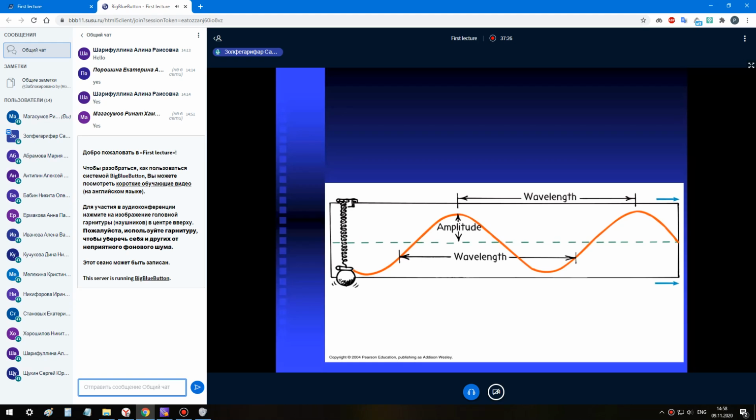We have some measures in vibration as shown in this slide: wavelength, amplitude, and period.